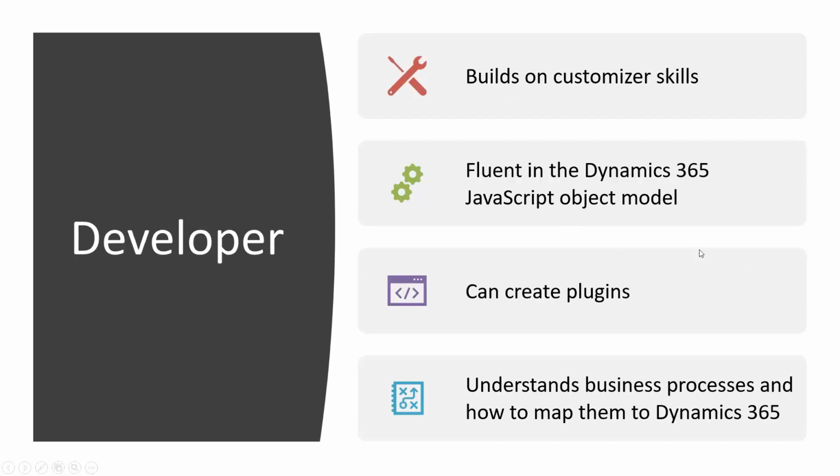The next thing is the actual developer. This is somebody who actually does development. So JavaScript, they do heavy JavaScript. They can create plugins. They can create other things, such as maybe Azure Logic Apps, which is a type of Power Automate system. But mainly, you understand the business processes, and you can map those into Dynamics 365.